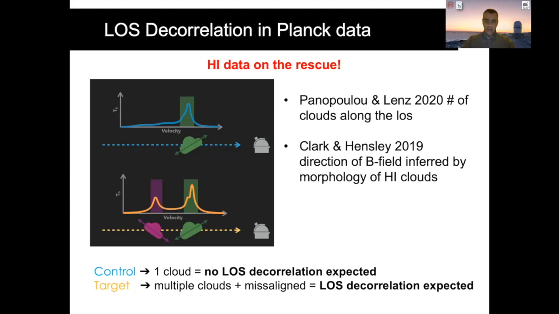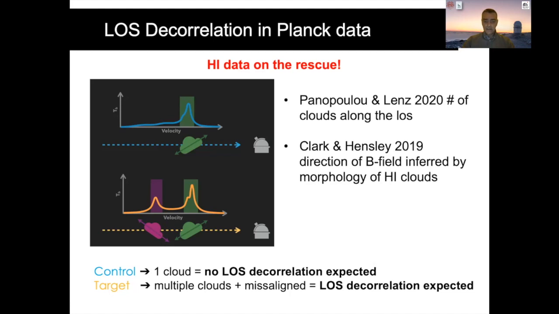Using this HI data, we identified sightlines that were susceptible to the line of sight frequency decorrelation effect by intersecting more than one cloud with misaligned magnetic fields. These locations make up our target sample, while the sight lines that intersect only one cloud, and thus no line of sight frequency decorrelation is expected, make up the control.